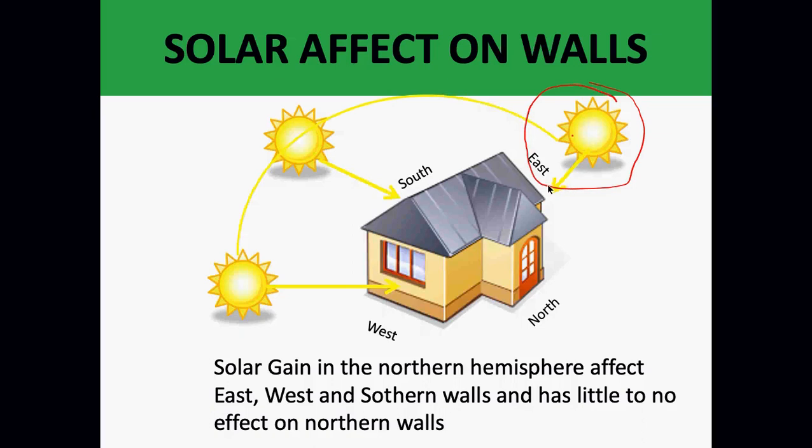Okay, so when the sun is coming up, we have very low solar gain. That's the point I'm sort of trying to get to, even though I mixed up east and west. Sun comes up, we have very low solar gain because it's not high in the sky. Over the course of the morning, we're coming towards the south, and then we hit our peak solar gain.